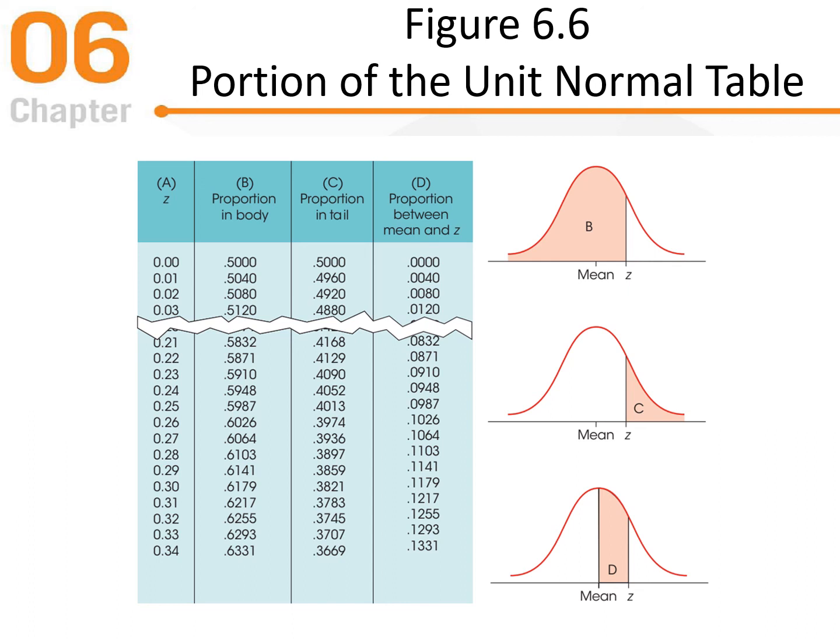The smaller part of the curve, in the second picture, is called C, the tail. See how in the second picture C is smaller than the rest of the curve? The rest of the curve is B, and C is the tail. So C is always the tail, B is always the body. The body is always bigger than the tail, always.